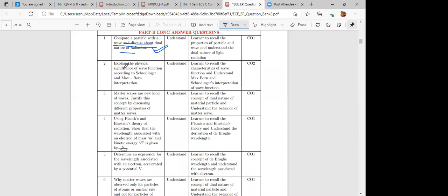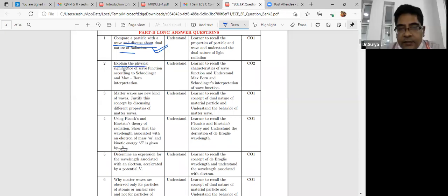Next is: explain the physical significance of the wave function according to Schrodinger and the Max Born interpretation. You have to explain the physical significance of psi. After that, interpret it with the Max Born approximation, that is, the triple integral of psi square dx dy dz equals 1.